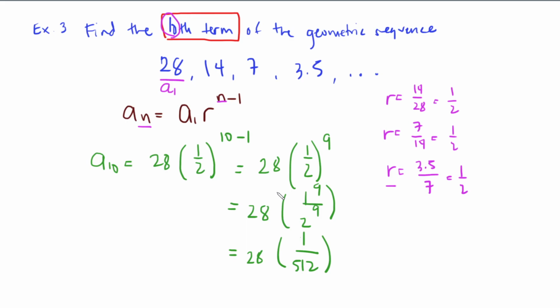So, our final answer is a sub 10 is equal to 7 over 128. Okay? So, that's it. That's our final answer. Na-work out natin ng smooth yung ating formula. Okay? So, I guess that's it.